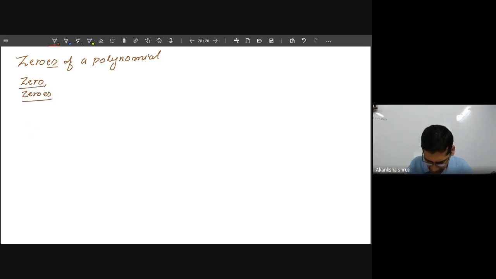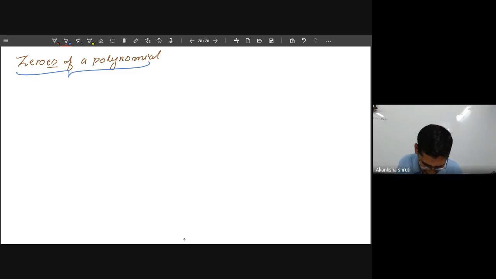They mean the same thing, whether I use the term zero or zeros. What are the zeros of a polynomial? Keep in mind, the zeros of a polynomial are the values of the variable for which the value of the polynomial becomes 0.